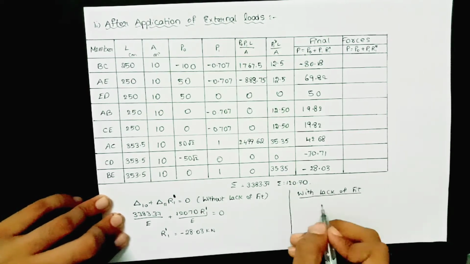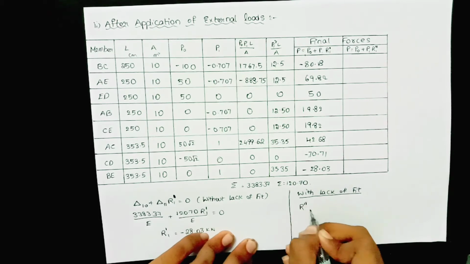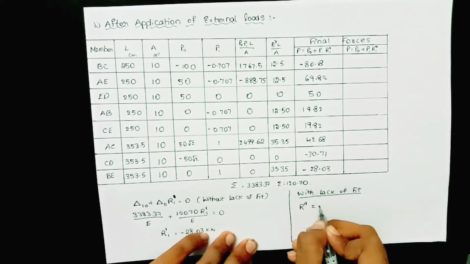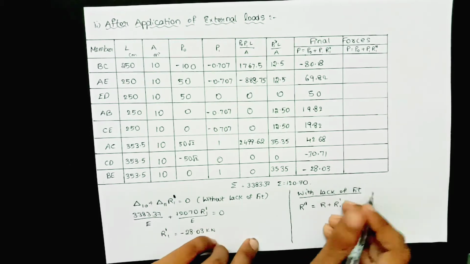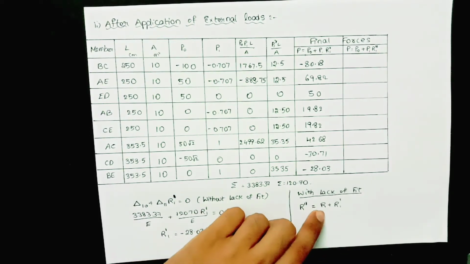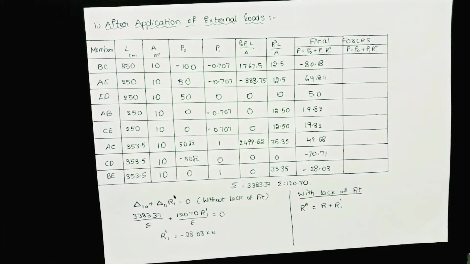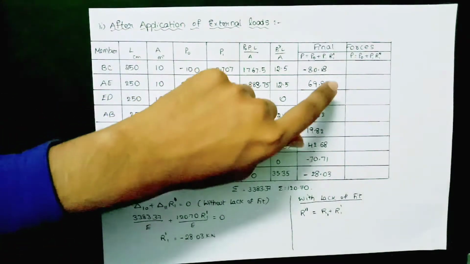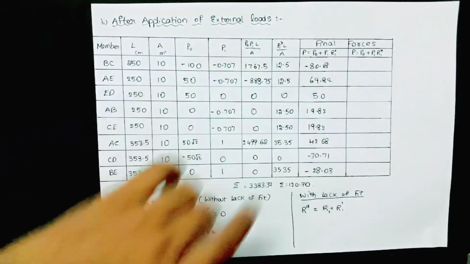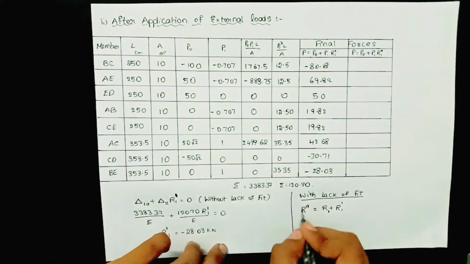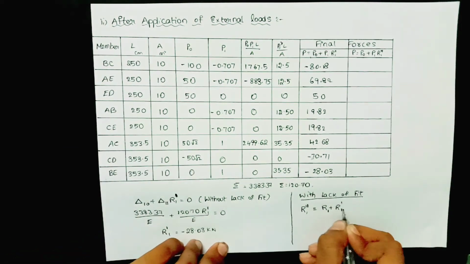Now if I consider with lack of fit, let the redundant be r double dash. So in order to obtain this value, I have to add r1 plus r1 dash. So r value is obtained from the first question. We got it as 19.88 kilonewton. So in order to calculate all these forces, we need r1 double dash. Okay, so the formula for calculation of r1 double dash is r1 plus r1 dash.